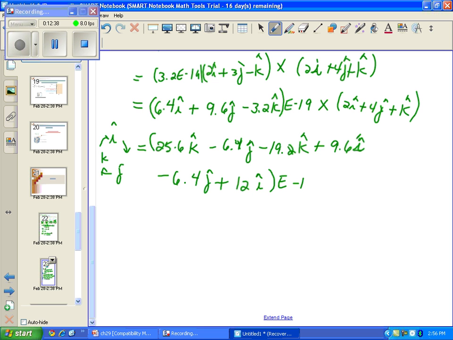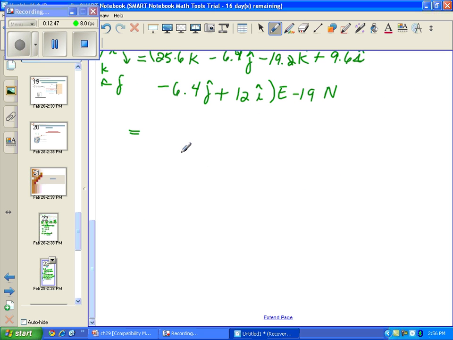So this is e to the minus 19. This way we don't have to keep carrying the powers of 10 throughout. Well, now let's go ahead and combine all of our i hats with all of our j hats and all of our k hats. So we've got 12.8 i hat plus 9.6 i hat gives us 22.4 i hat.